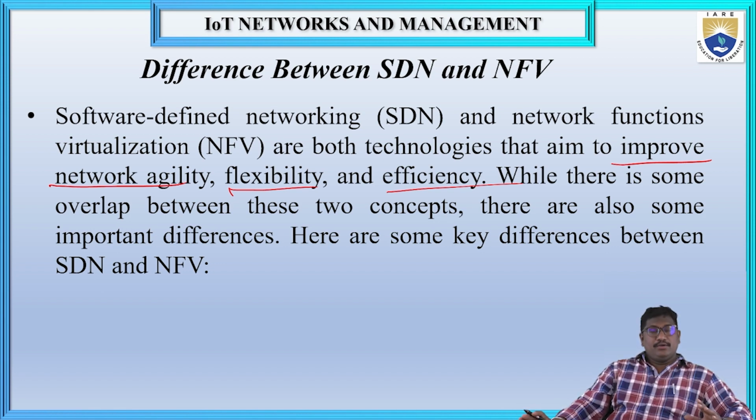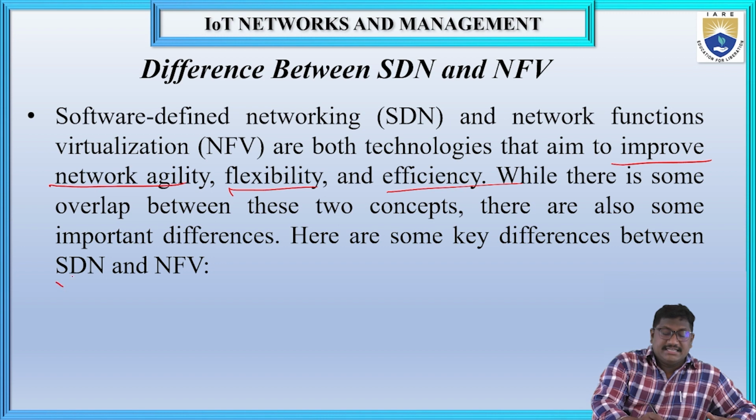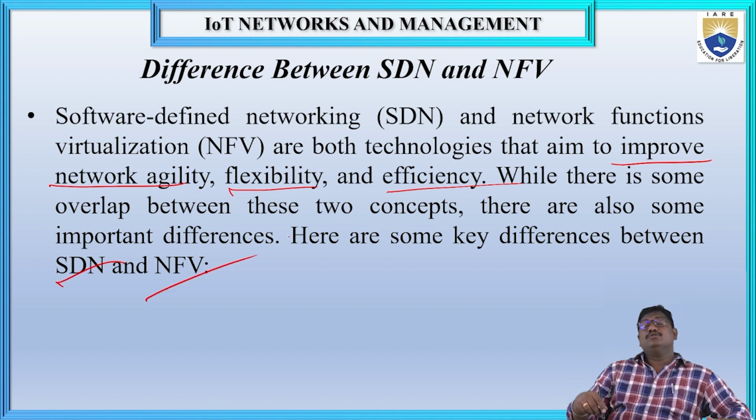By using these two technologies, we are avoiding a situation where someone may overlap two different concepts at that point of time. We are specifying the differences between these two specifically. By using these scenarios, whenever it is required, we are using the SDN network.